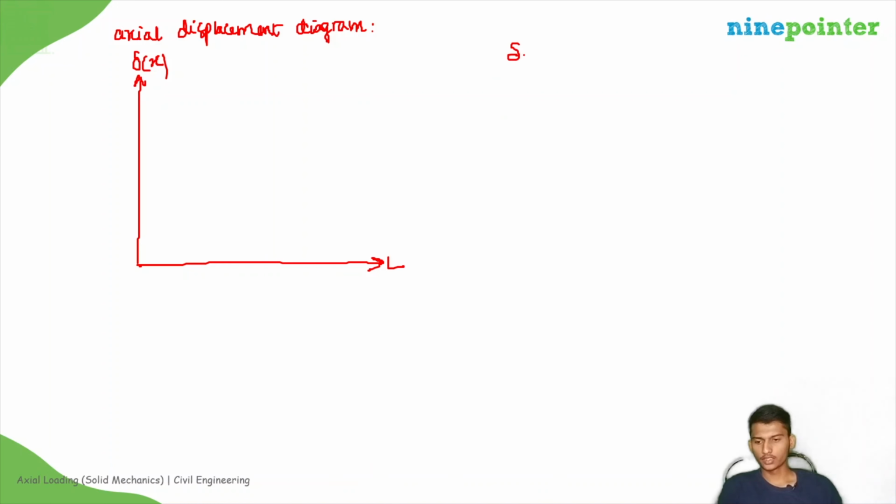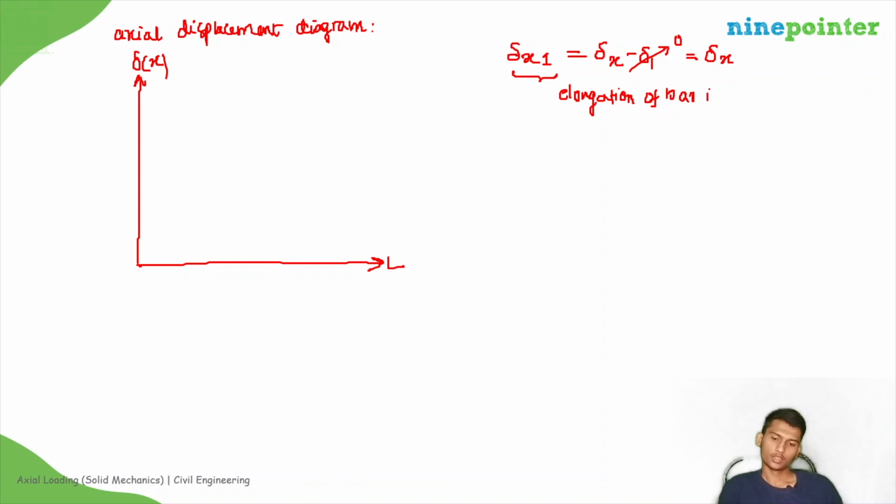So del 1 is 0, equal to del x, means elongation of the bar in the x1 part. Okay, right? So we already know that at 1 the value is 0, 2 is at L by 3, and this is L, this is the length.